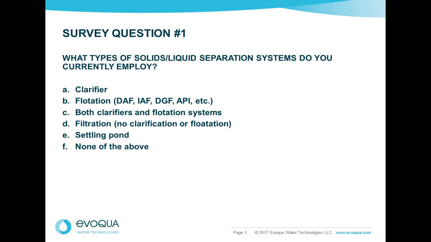Filtration with no clarification or flotation. A settling pond, or none of the above. So we'll give folks just a few seconds here to put their thoughts in. You see, we are starting to get some results. Thank you, everybody, for participating. Excellent. Okay, with that, Alex, I will hand this back over to you then.